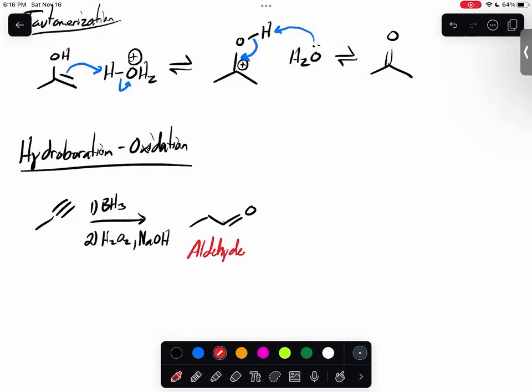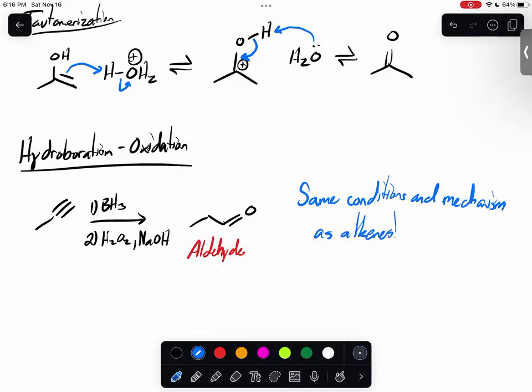Okay? So it's the same conditions and mechanism as alkenes. The only difference is the end of it, right?